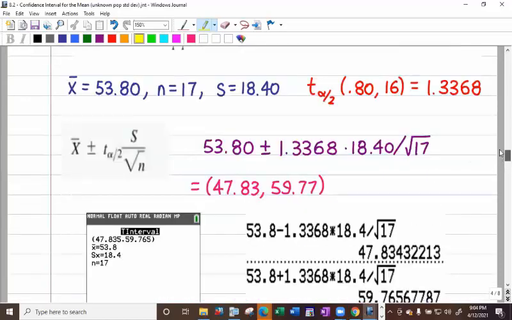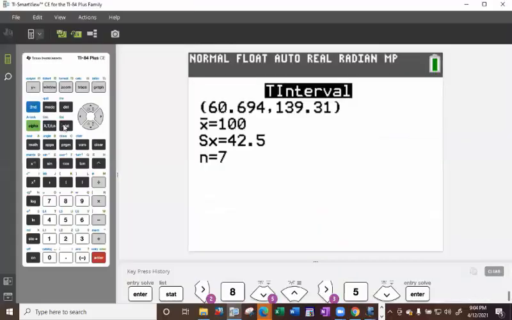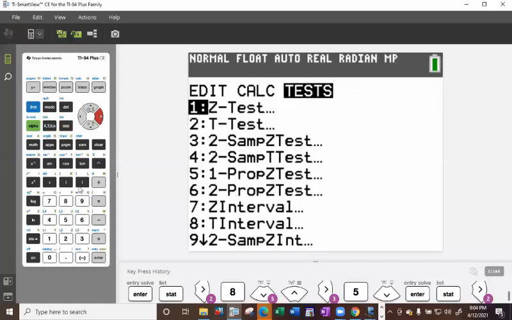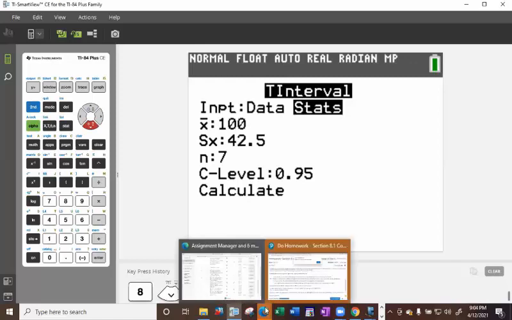Oh yeah, we can do this one. Okay, I'll put it in there real quick. Stat, test number 8, T interval. So like I said, be super duper careful here. Is it warning me?